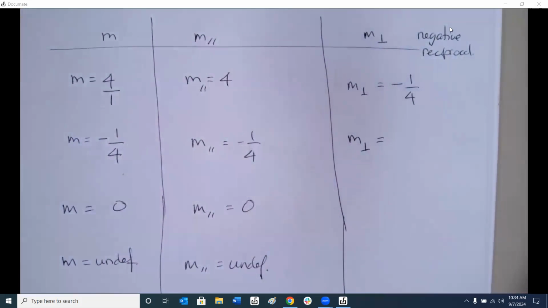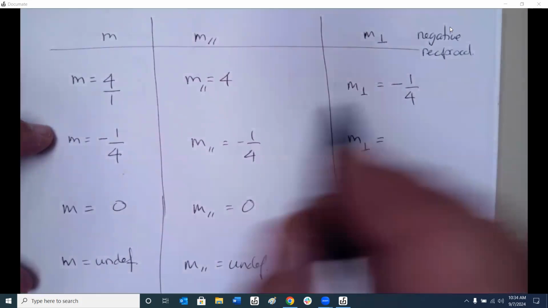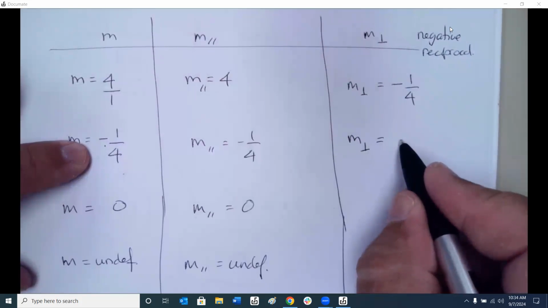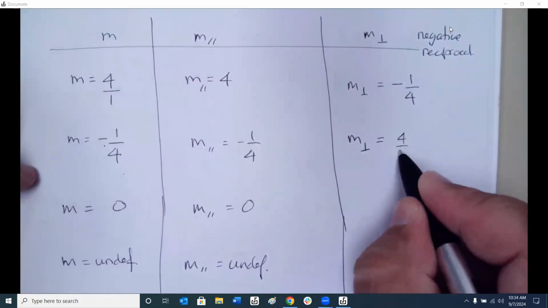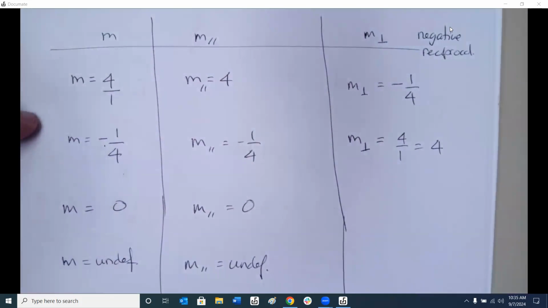Okay, you got those. Let somebody else answer. So we change the sign, so it's positive, and flip it, which is 4.